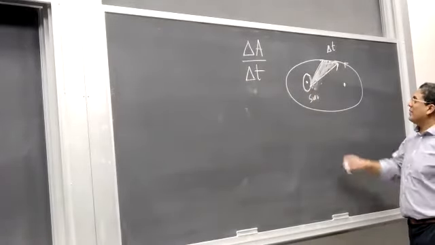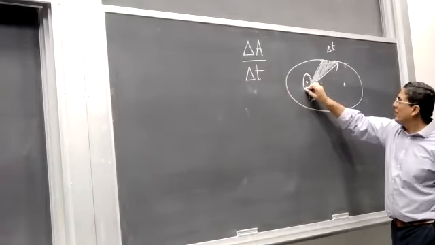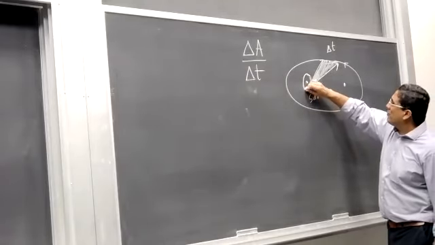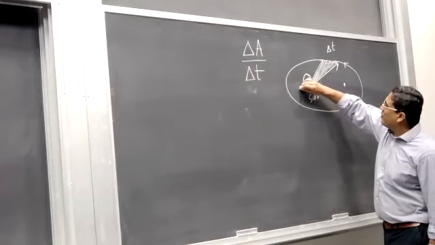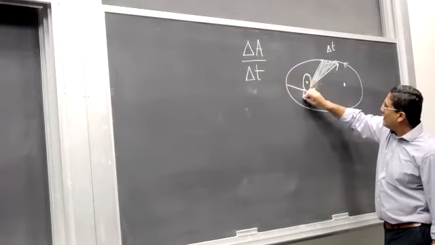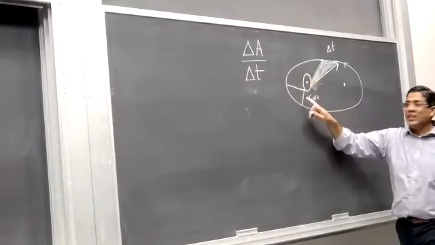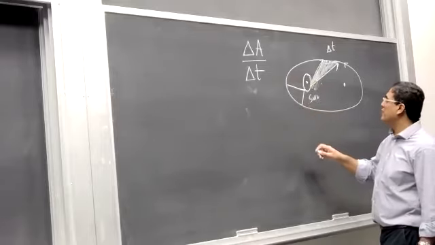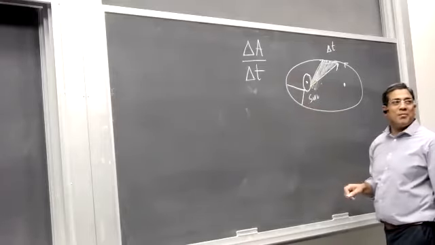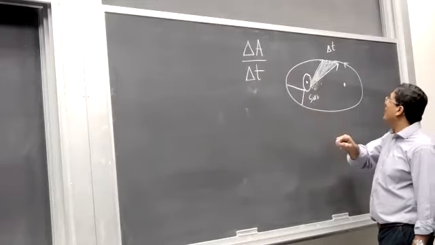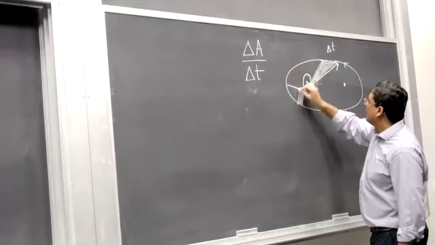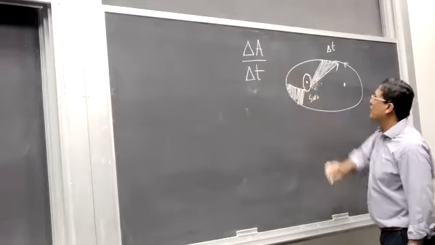Okay. Let's say that the planet is moving here. Now it would have to have a big angle, because otherwise it would not get the same area. So let's say that in delta T interval, it covers this much area.